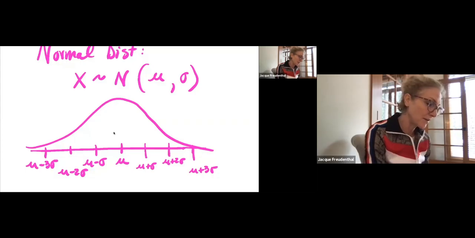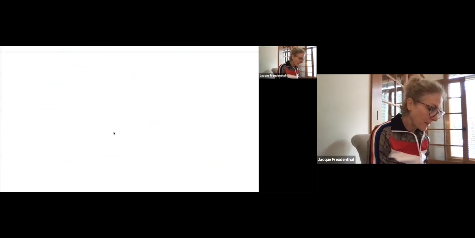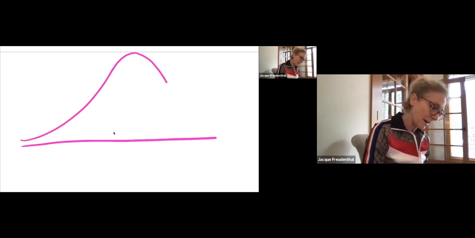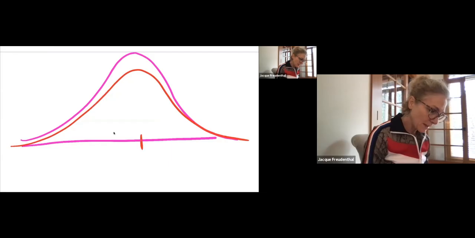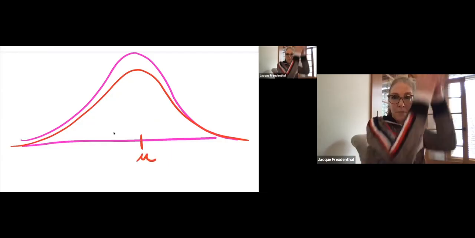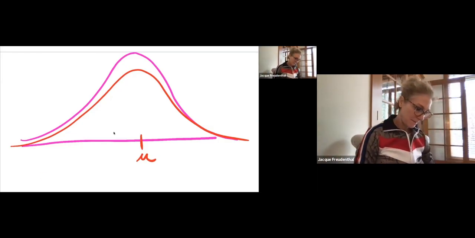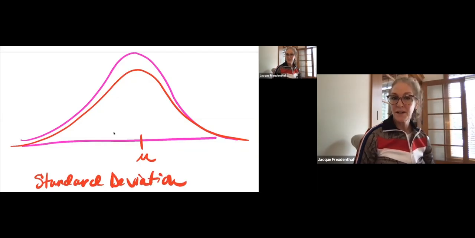Okay, I'm going to expand a little bit further and then I'm going to stop. So these are things that you have learned about the normal distribution, and I'm putting it in a very general way. But what changes the shape of the distribution is what makes the peak higher versus if I did one like this. So the mean could still be the same, but what makes the difference between the peak being high and the peak being more flat? Your standard deviation.